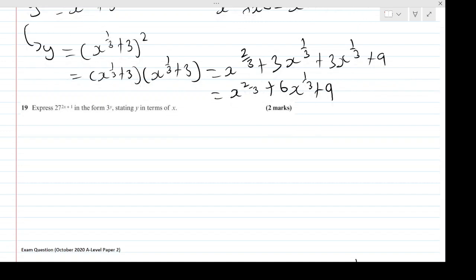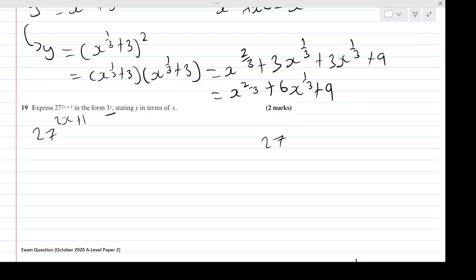Now let's have a look at this question. We are told to express 27 raised to the power 2x plus 1 in the form of 3 to the y. So we need to somehow get this 27 into 3. How are we going to do that?